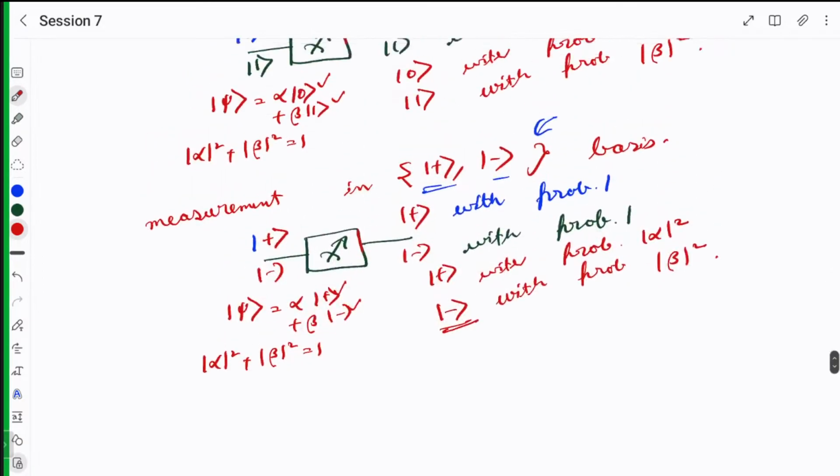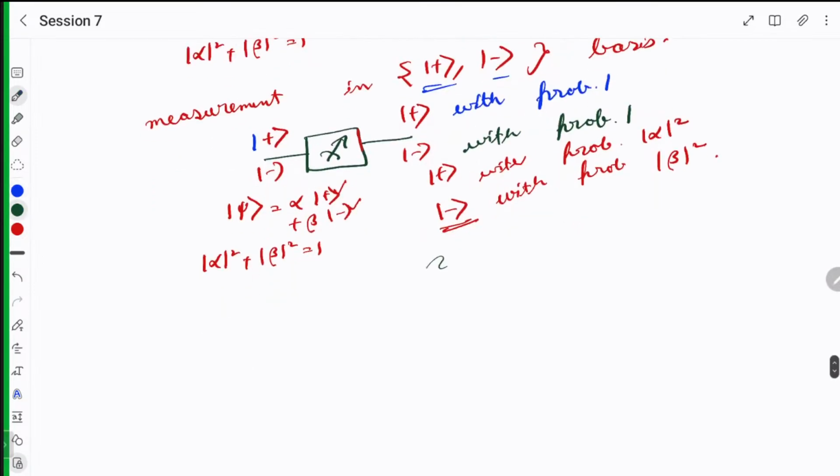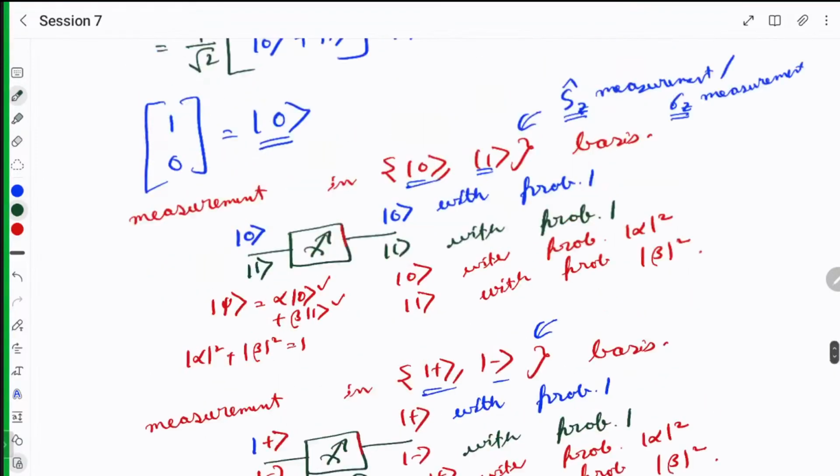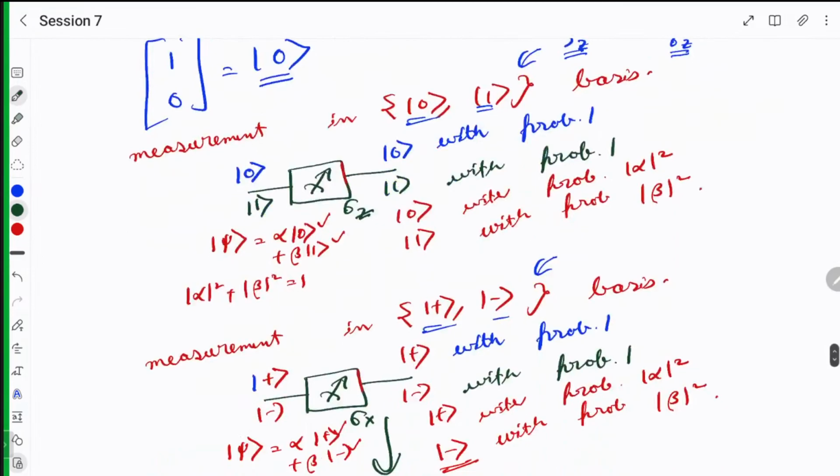So if I had some device which can measure in the sigma x basis, then that will do exactly this. So this is the sigma x measurement device. But what I have is only the sigma z measurement device, so we can only measure in the eigenbasis of sigma z.